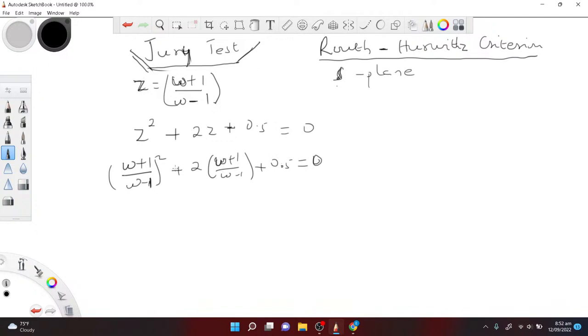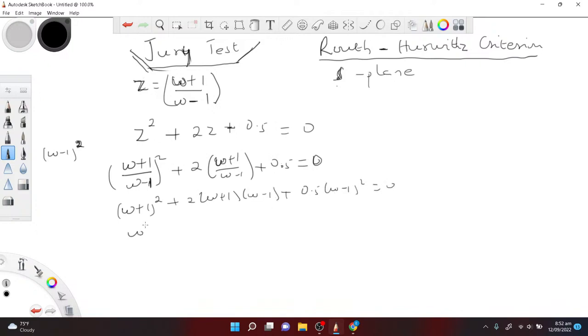Okay. So just multiply everything through by (W minus 1) squared. Multiply through by (W minus 1) squared. So this will give you (W plus 1) squared plus 2(W plus 1)(W minus 1) plus 0.5(W minus 1) squared equals 0.